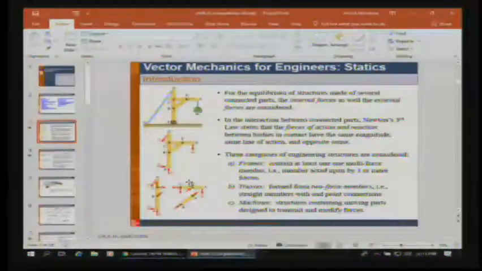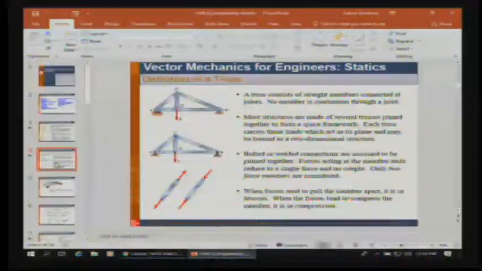Frames contain at least one multi-force member, in other words, something acted on by 3 or more forces. A truss is formed only by 2 force members, straight members with endpoint connections, and machines are structures that contain moving parts. So our discussion of chapter 6 is going to focus on frames and trusses.